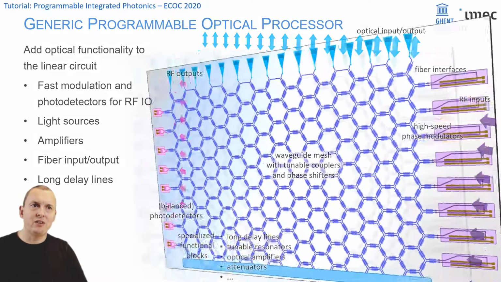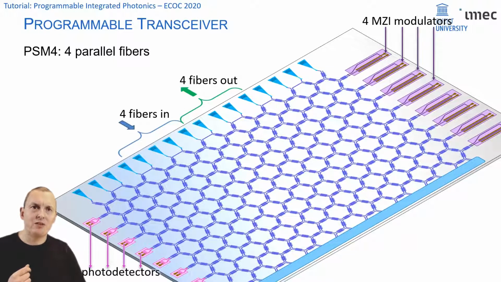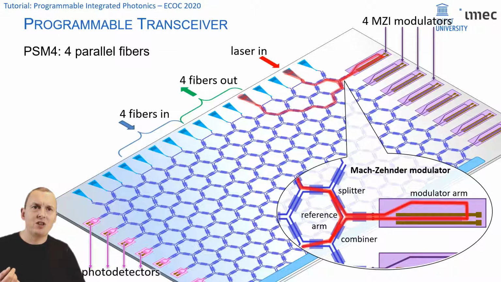What can you do with it? Well, let's look back at our original problem, our programmable transceiver. So we can now basically take our 4 fiber inputs and outputs and route them in such a way, for instance with the Mach-Zehnder modulator configured there, that we get a PSM4 transceiver.